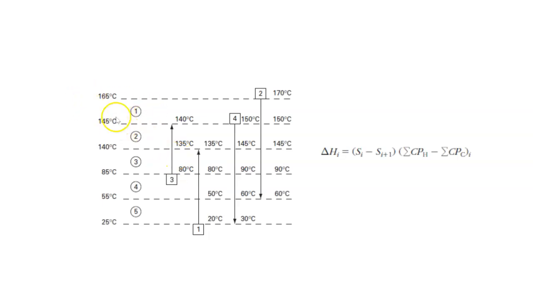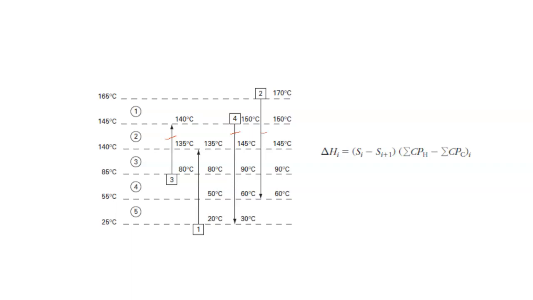Say, for example, these are the intervals: 165, 145, 140, 85, 55, and 25. Now between 145 and 140, I have stream number 3, stream number 4, and stream number 2.